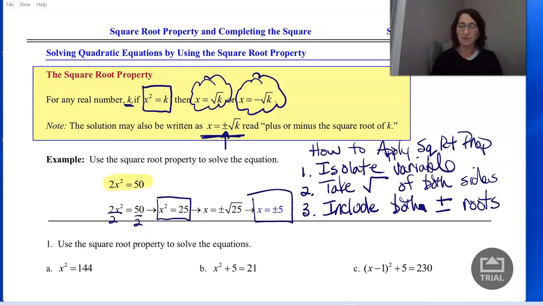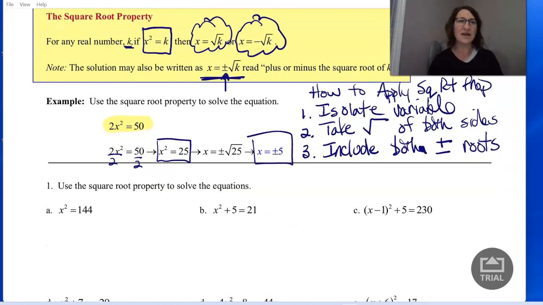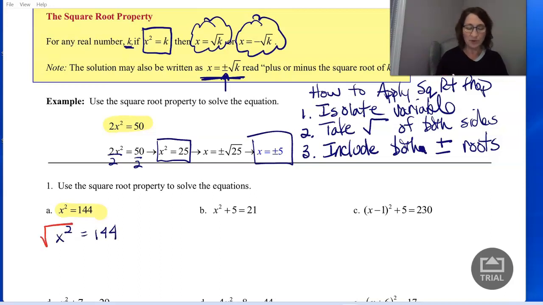Okay, so let's go ahead and look at this first example here. x squared is equal to 144. Now I'm going to go ahead and take the square root of both sides. On the right-hand side, I'm looking for both the positive and the negative roots.